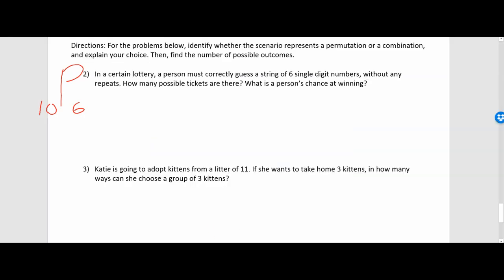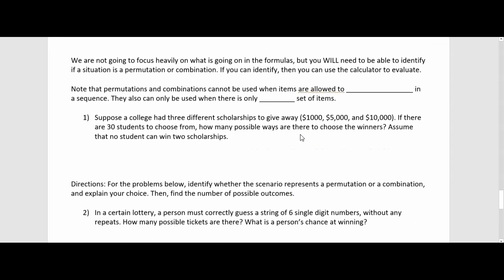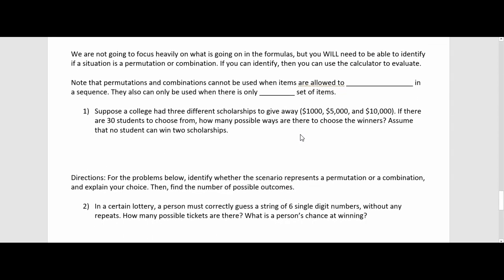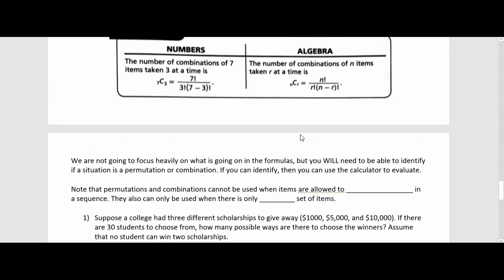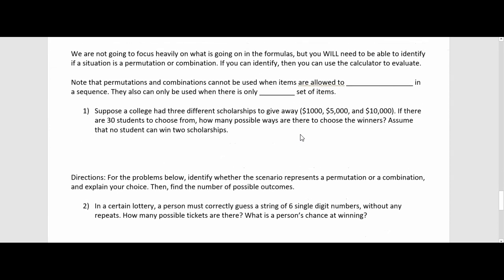Okay, let's go back here. We are done with problems for this lesson, but I do want to go up here and just fill in one more thing. As I mentioned before, we're not going to focus heavily on what's going on in those formulas. The formula's up here. But we will need to be able to identify whether a situation is a permutation or a combination.